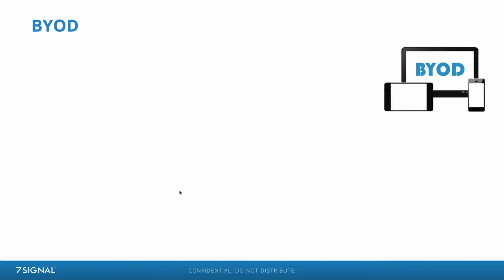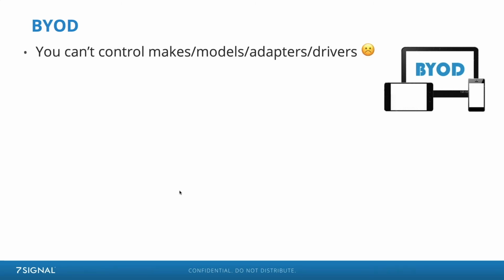And so the last class of device to talk about is this big bucket of BYOD, bring your own device, that a lot of Wi-Fi networks have to deal with. It's hard, right? You can't control the makes, models, adapters, and drivers in use on the network.